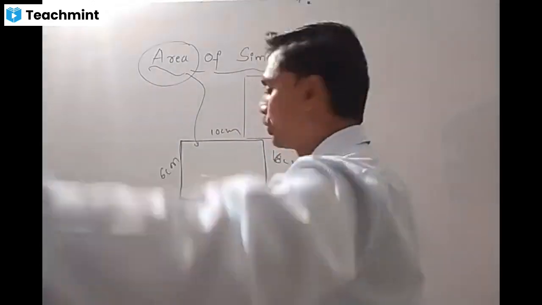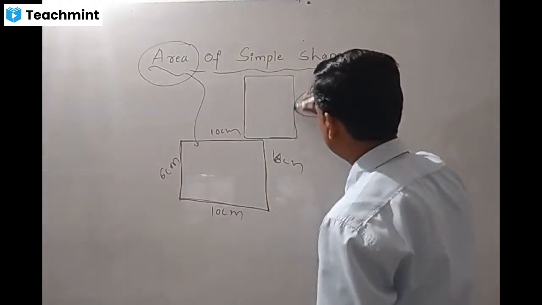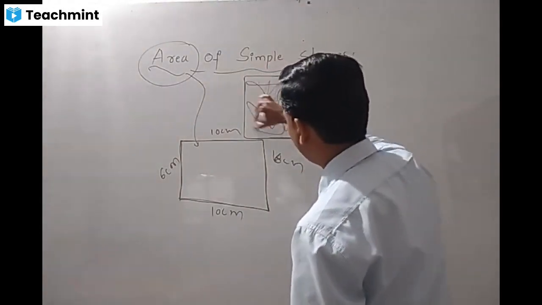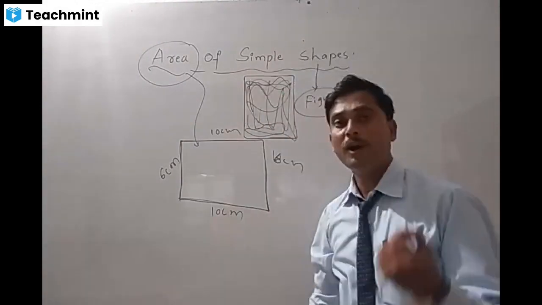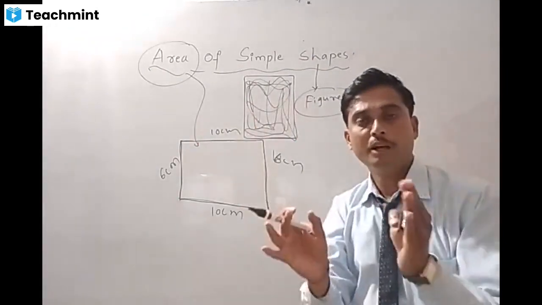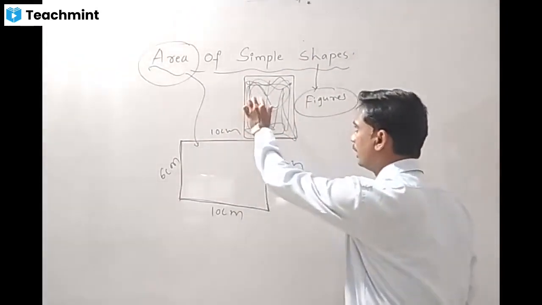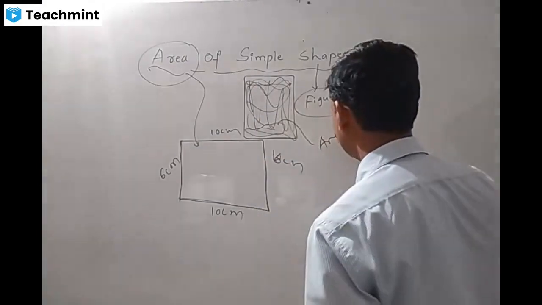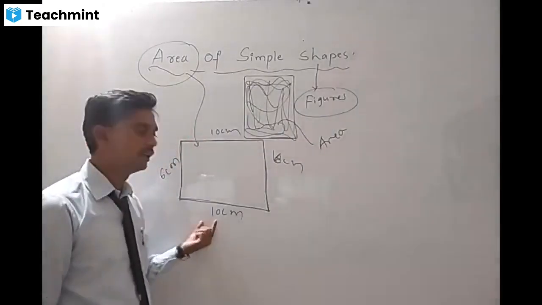This textbook occupies this much place. Occupied means the place taken up. How much place is occupied, that is the area. Dear students, listen here.